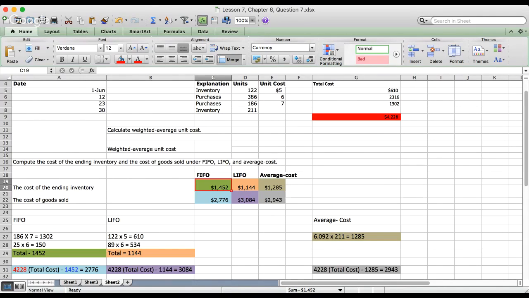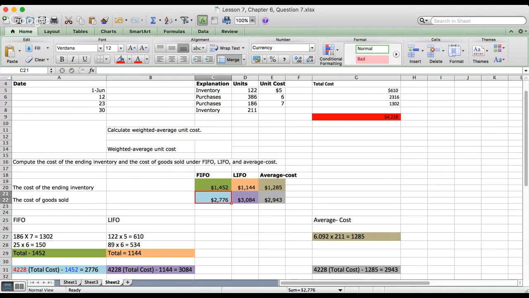Now to find the cost of goods sold, we take the total cost, which is the 4,228, and subtract the cost of the ending inventory, which was the 1,452, and we get 2,776, and that is our cost of goods sold there.